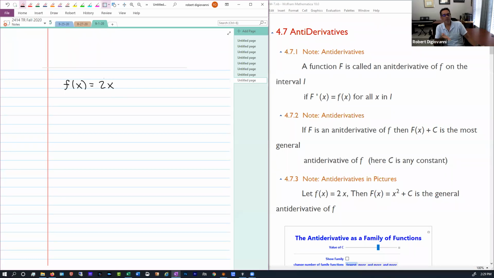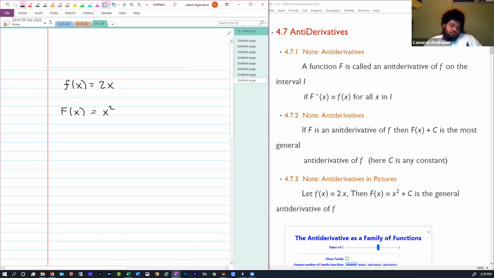What is it the derivative of? Then I hope that everyone here could say x squared, right? So what I'm going to do is call the place it came from capital F of x. So we have little f of x is 2x, capital F of x is x squared.